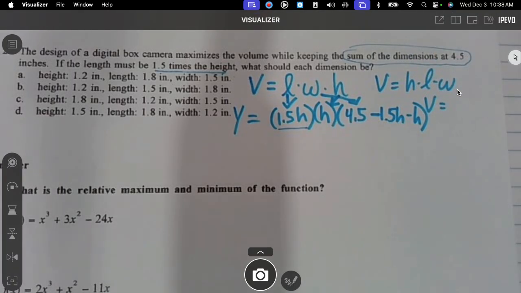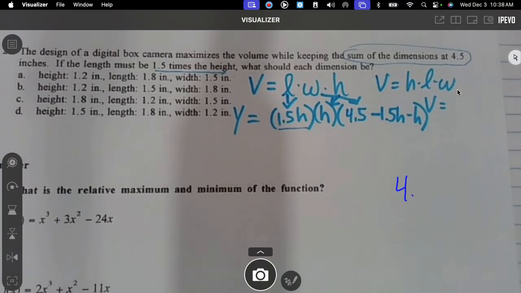Okay, so, again, it says the length is 1.5h. So, I put that. Since I'm using h for height, what is height? H. It already chose that for me. Those two things I know. Now, it doesn't even tell me the width, but it tells me if I add up all three of these things, it would be 4.5. Does everybody see that? So, let me work backwards.